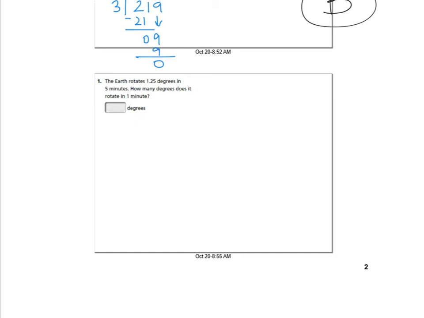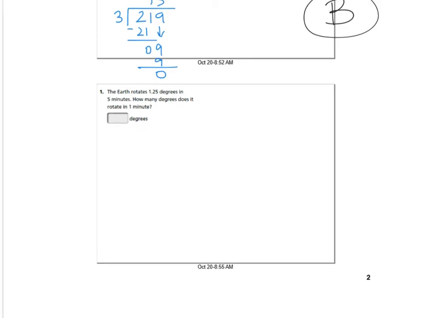So, we need to write this as a rate. So, as a rate, we have 1.25 degrees in 5 minutes.